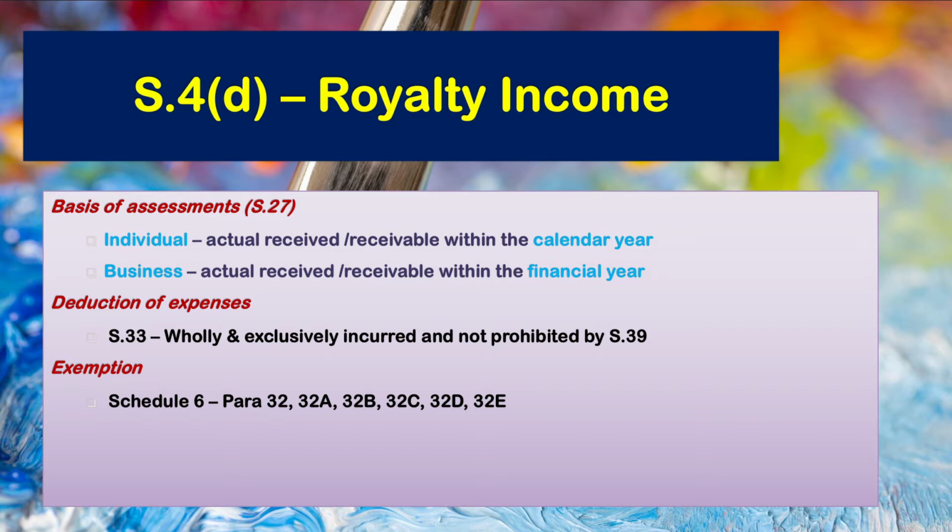It's mentioned there. Para 32 refers to an individual who receives royalty income with regard to the publication, use or right to use artistic work. So for instance, you are an artist and you have art. It's not an original painting, it's like any other art.